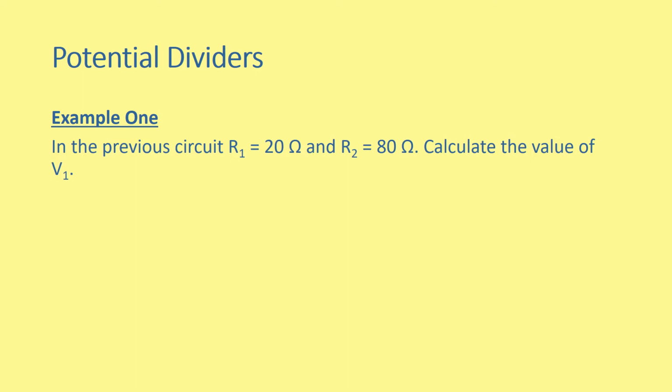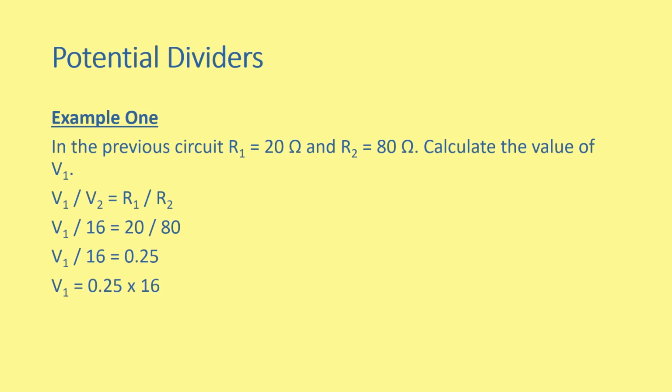We use the ratio equation for this because we don't have a value for the supply voltage. V1 over V2 is equal to R1 over R2. V1 over 16 is equal to 20 over 80. V1 over 16 is equal to 0.25. V1 is equal to 0.25 multiplied by 16, giving us a value of V1 of 4 volts.